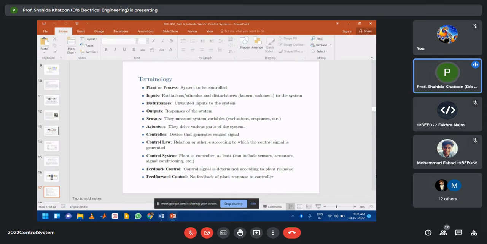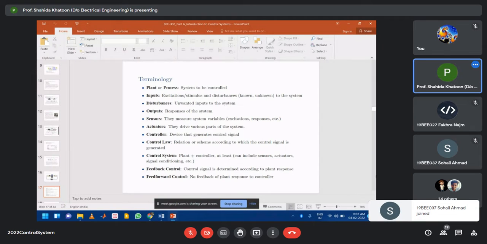Sensors measure the system variables such as excitation and response. Actuators are the systems which drive various parts of the system. Controller is a device that generates control signals. Control law is the relationship or scheme according to which the control signal is generated.